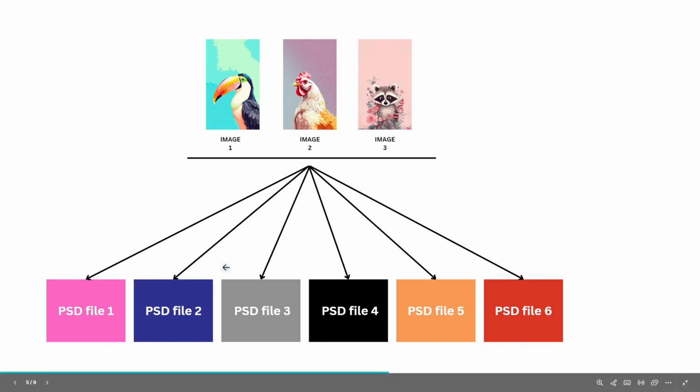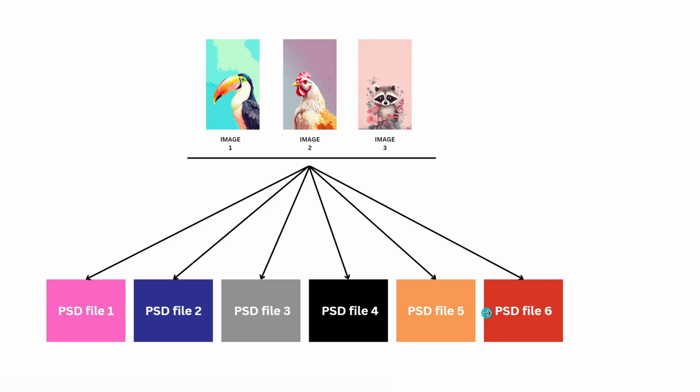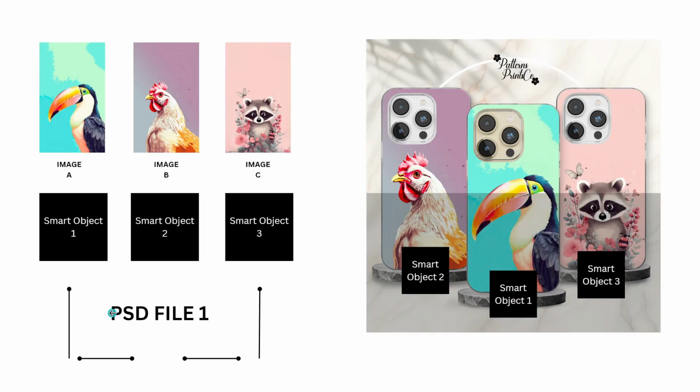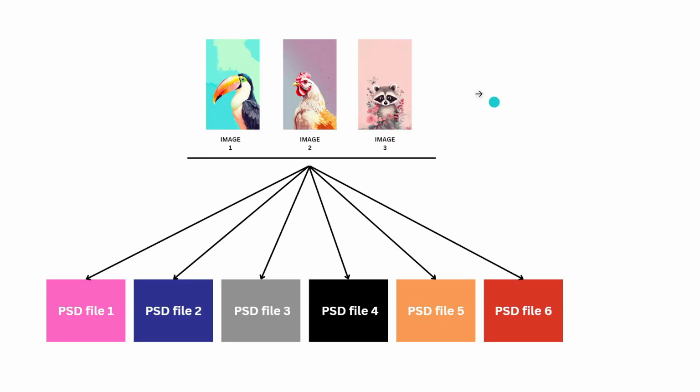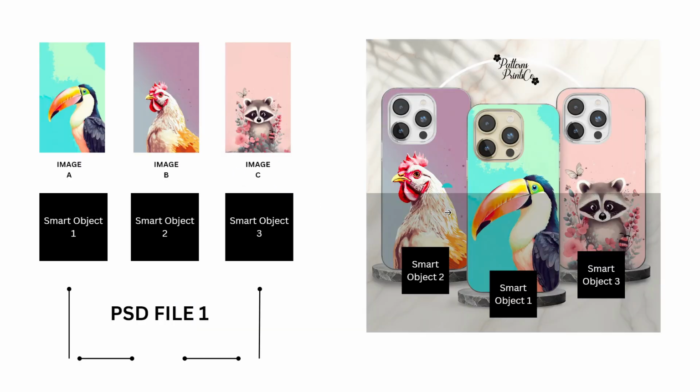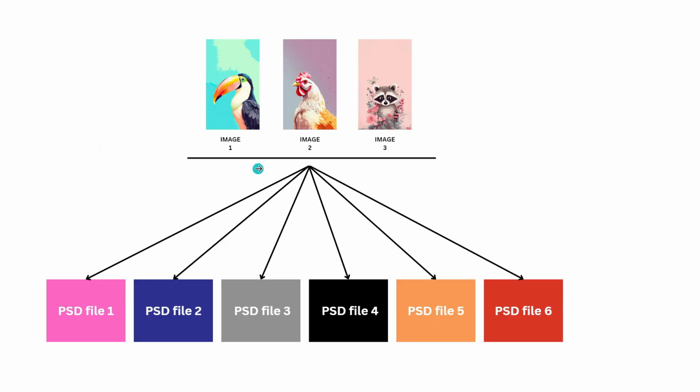So for instance, if you have different Photoshop files and each Photoshop file has different smart object layers, it will process all of them within all the smart object layers, as long as the amount of images fits within the smart object layers. Which means that if you have 5 images in a folder and in one file you have only 3 smart objects, just the first 3 images are going to be used.